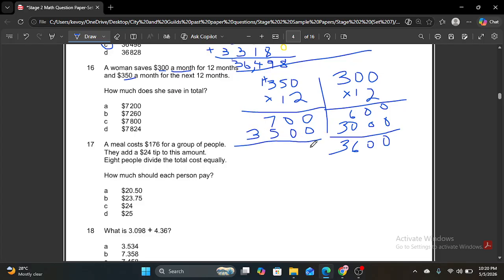And quickly let's add them. 0 plus 0 is 0. 0. 7 plus 5, that is 12. So put on 1, that's adding. 1 plus 3, that's 4. So we have these two numbers together.